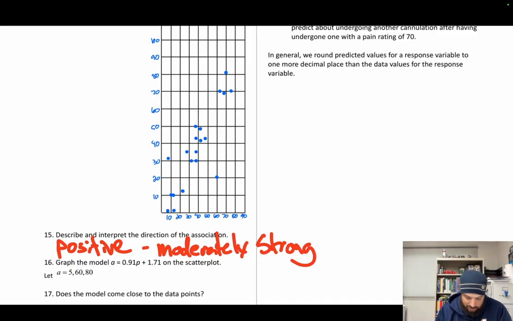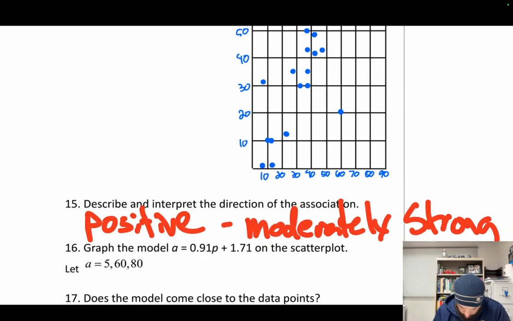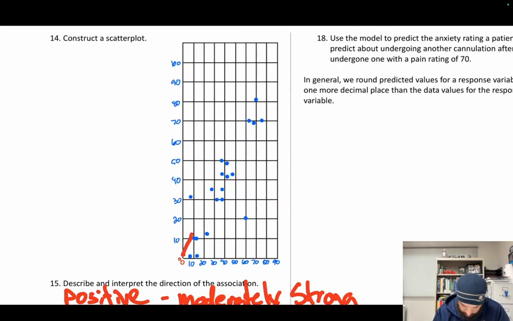And then they give us a graph for this. And so we can go ahead and graph this point. Our y-intercept is 171. So, all right, this is 0, 0 right here. And so that point is about right there. And then I'm going to rise 1 and go up.